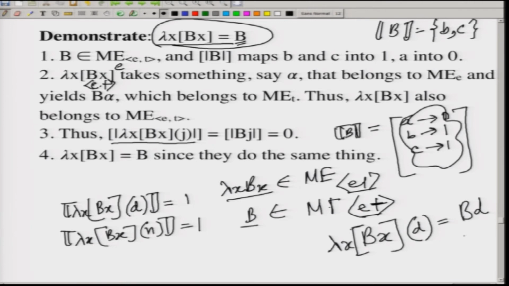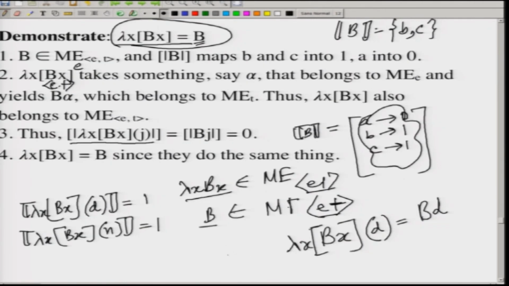B can't do that, just B is not a function. So lambda x b x is the functional version of B, and because it is a function, we can use it in a dynamic way. We can combine things now by using the lambda version of B, not just plain and simple B.